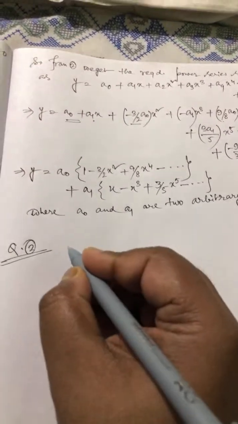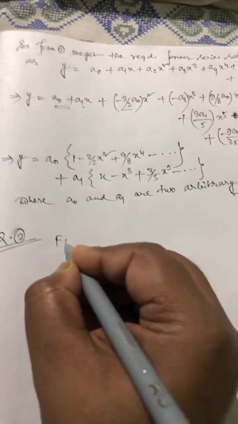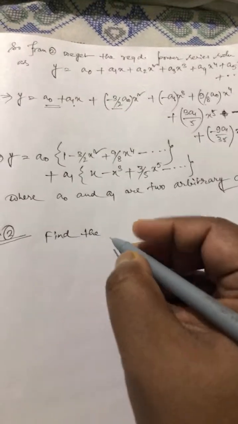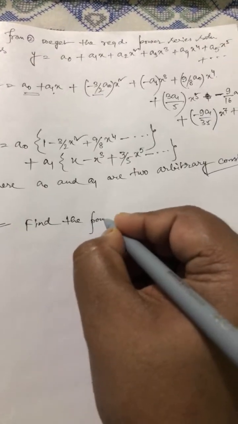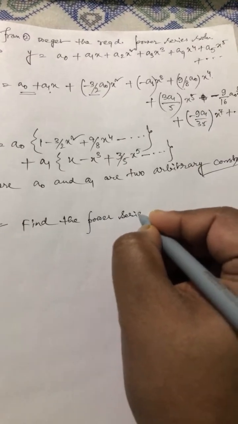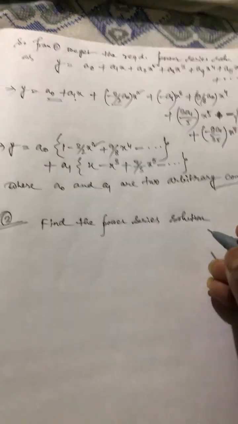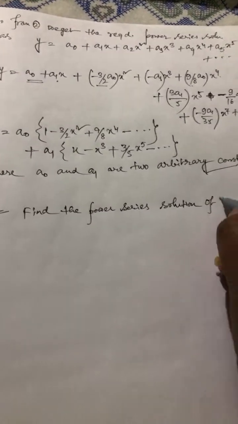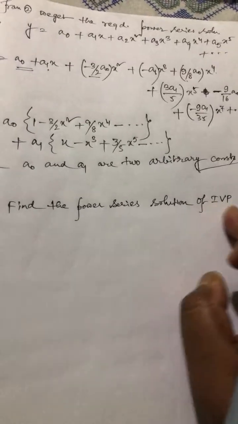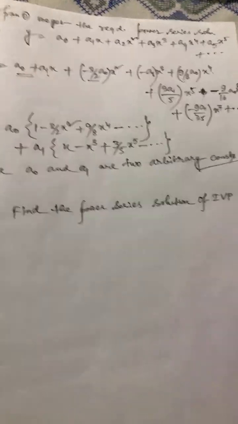So I am writing the question: find the power series solution of the initial value problem. IVP stands for initial value problem.